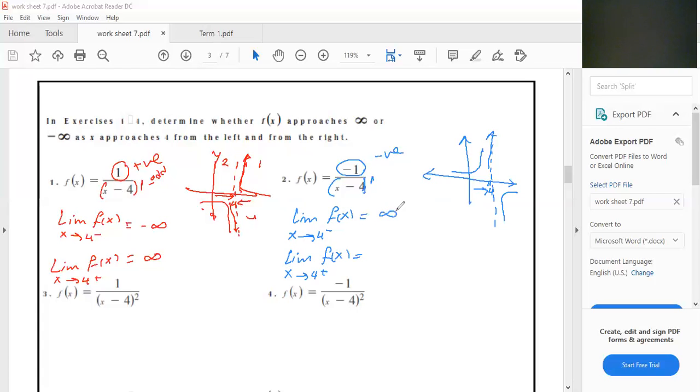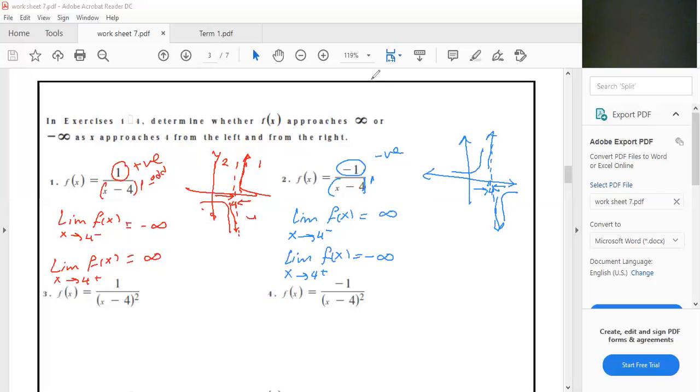So it will be infinity. As x approaches 4 from the right, it means I'm going toward 4 from a number which is more than it, at its right. f of x approaches negative infinity, because it decreases without bound.